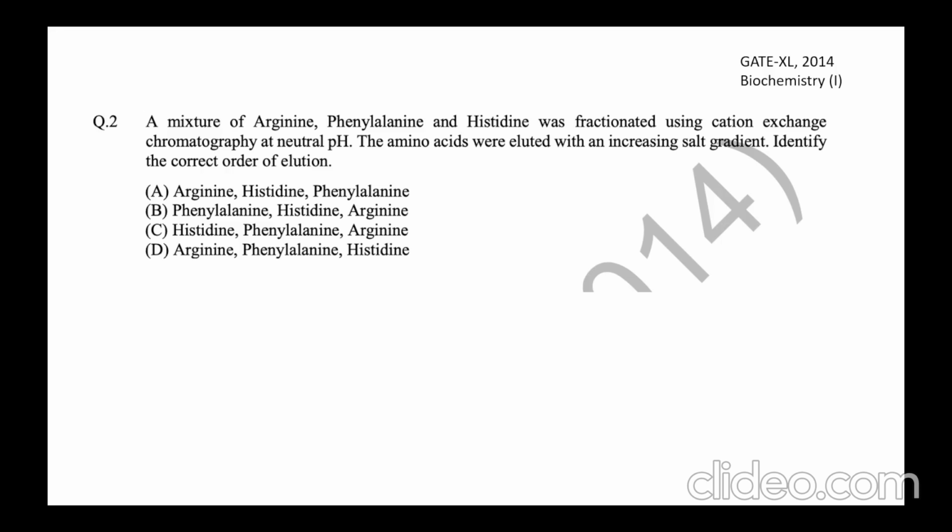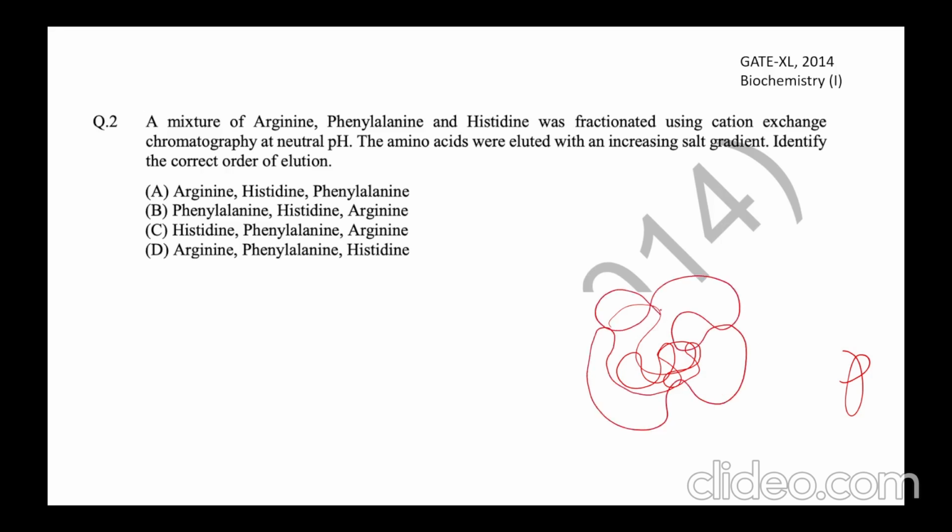In the folding process, in order to remain soluble, the outside residues of the protein are hydrophilic residues, and in the core of the protein we get all the hydrophobic residues. This is also called the hydrophobic core.